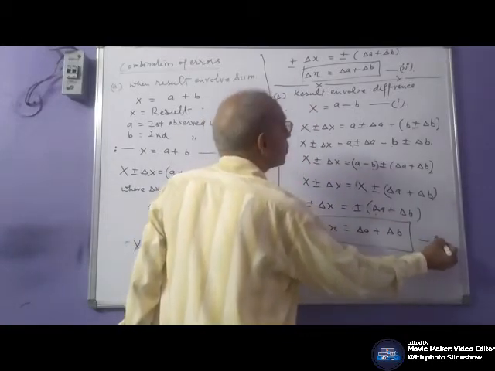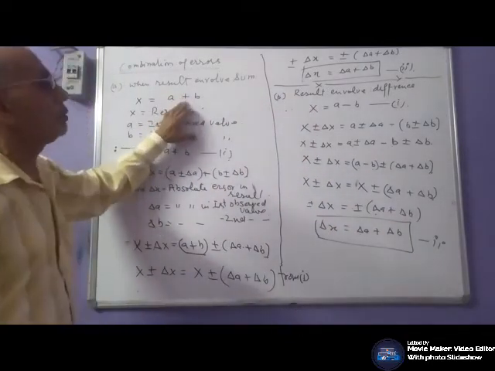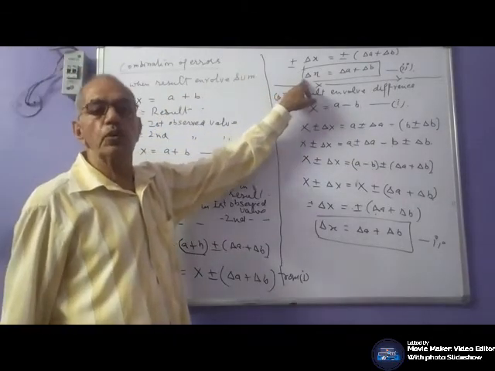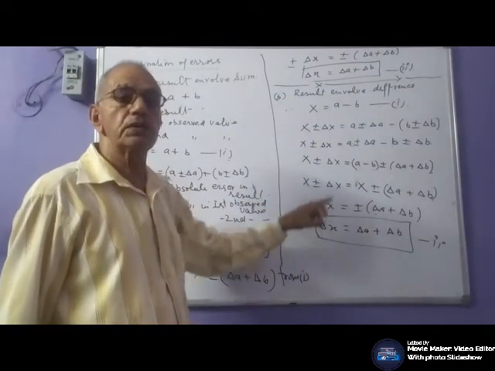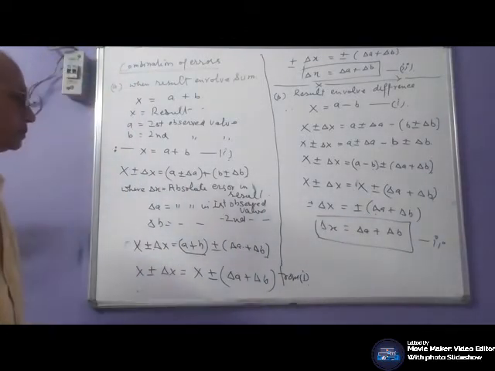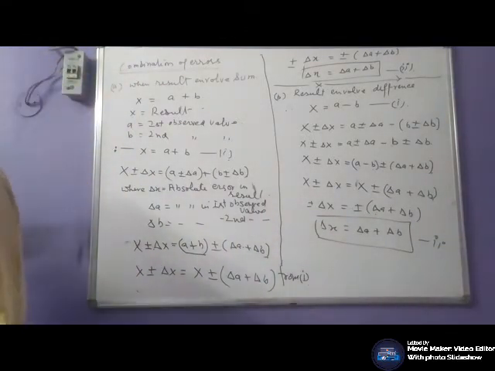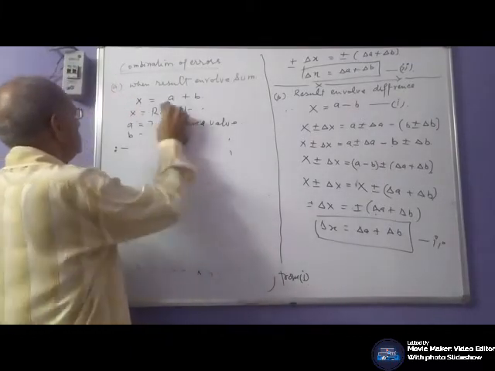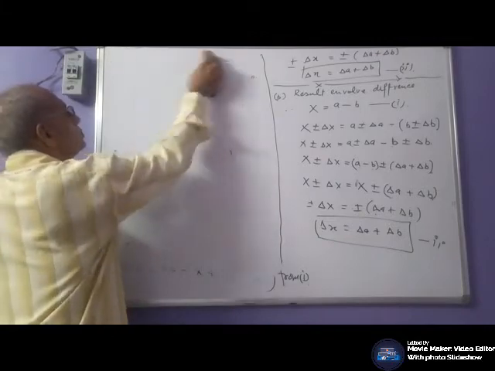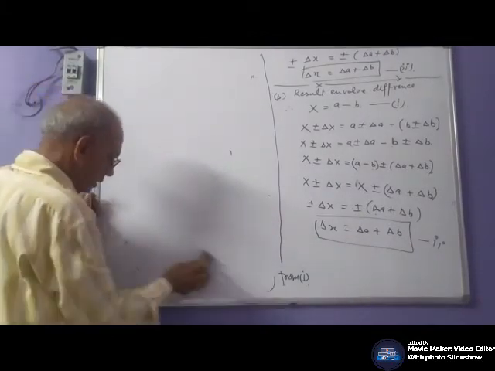Again, whether the result involves sum, then absolute error is same as of result involves difference. What we are doing? Combination of errors.